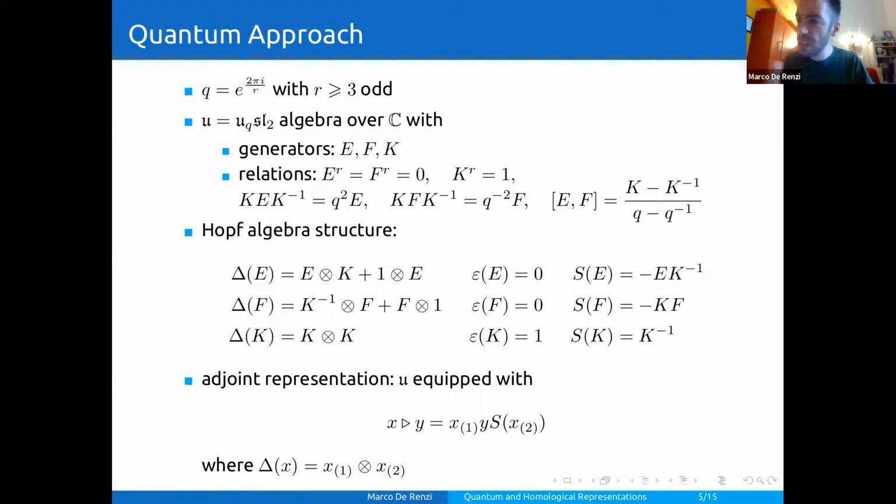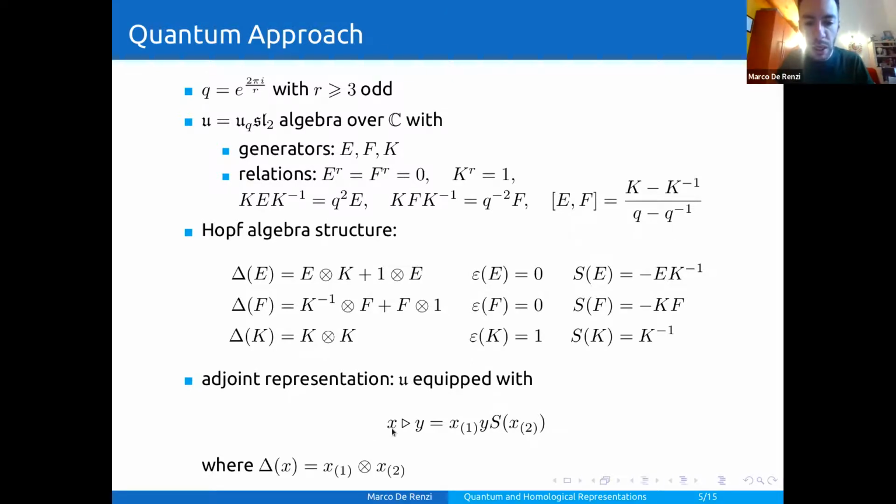And using this Hopf algebra structure, we can define the structure of a U representation on U, which is the adjoint representation in the Hopf sense. So by definition, this is just the vector space U equipped with the following action.